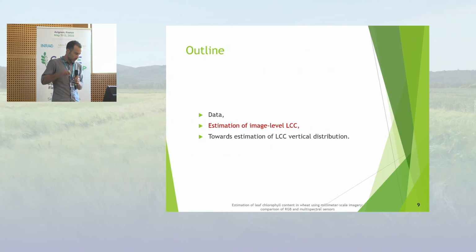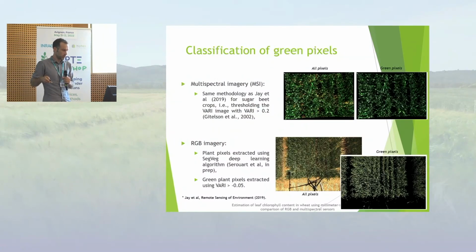So, about the estimation method in itself. First, we need to classify the green pixels, because we are interested in chlorophyll, so we want to first keep only the green pixels.